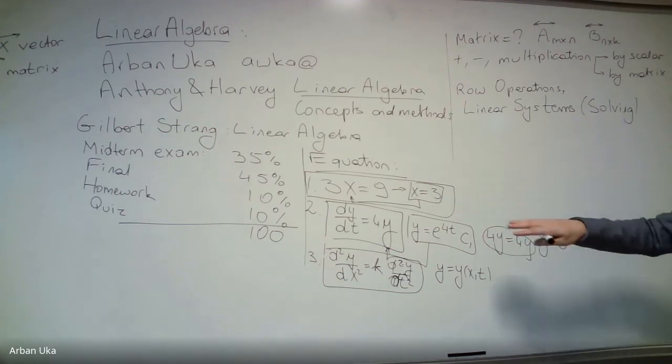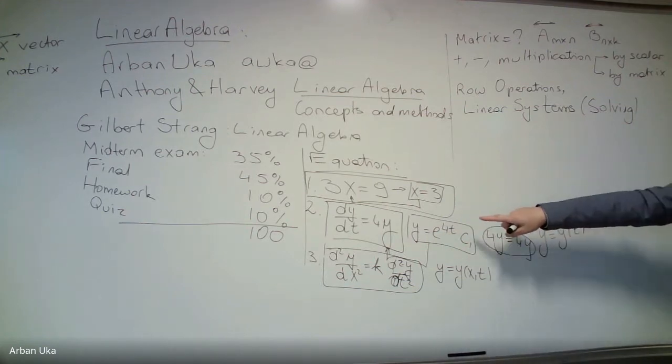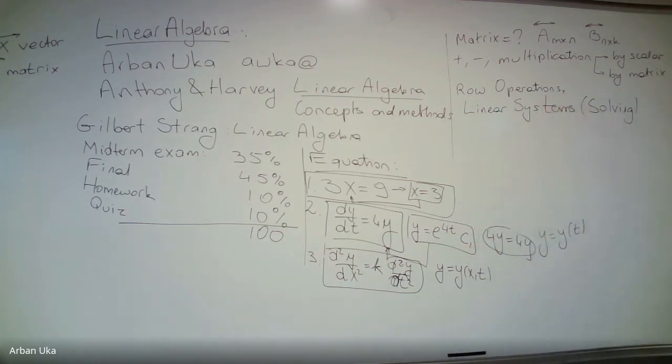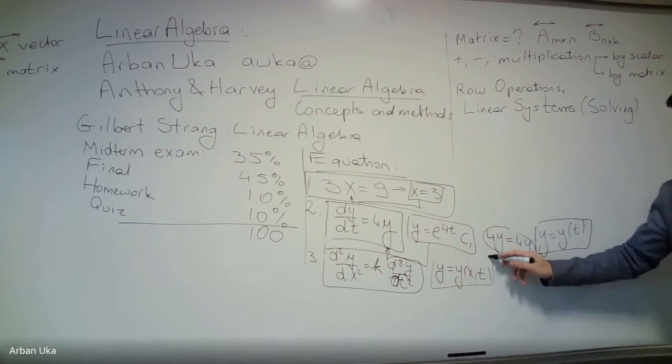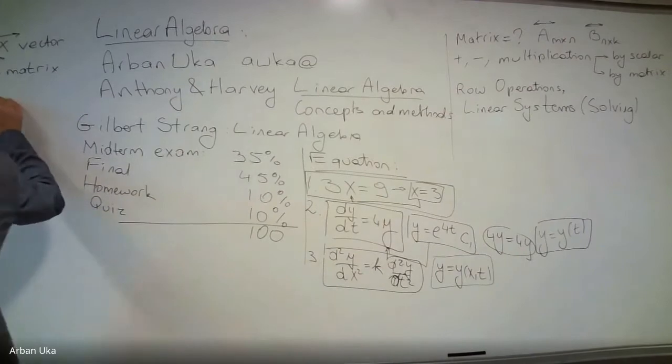Now, it's not that I wrote this out of nowhere. I will also make a relationship of these points with linear algebra. Here, it looks like y is a function that depends only on time. But here, y apparently depends on time and another spatial variable.